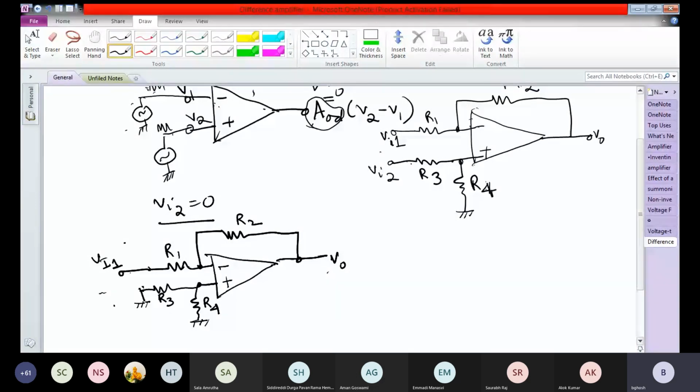So we call this V01. V01, because it is nothing but an inverting amplifier. There is 0 here, so this point is grounded, and this is nothing but an inverting amplifier. It is minus R2 by R1 times VI1.